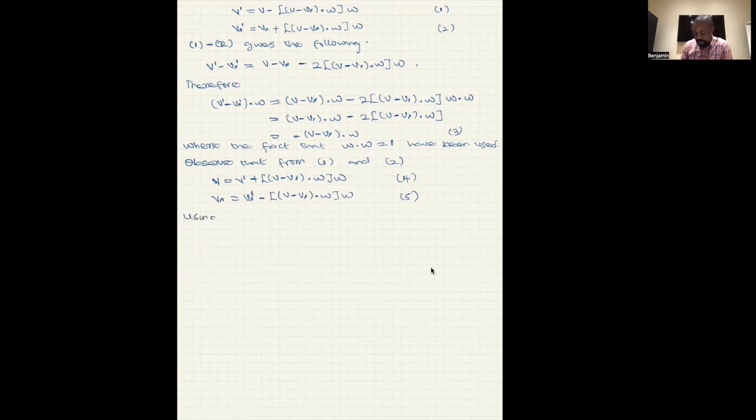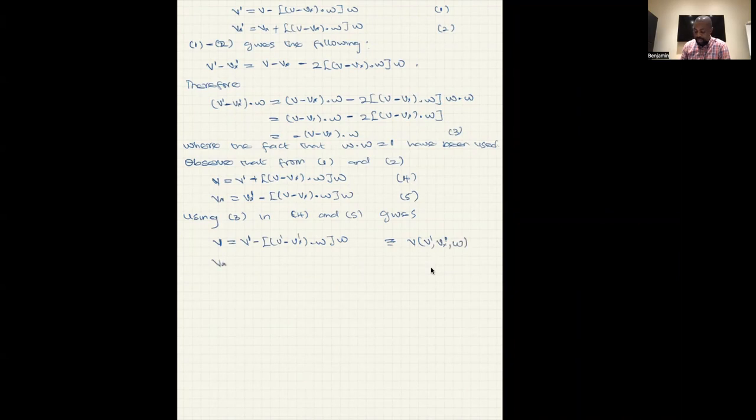Using equation 3 in equations 4 and 5 gives that V is equal to V prime minus V star prime dot omega times omega, which is equivalent to V that depends on V prime, V star prime, and omega.